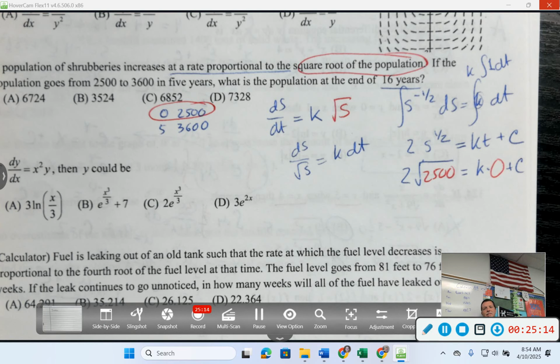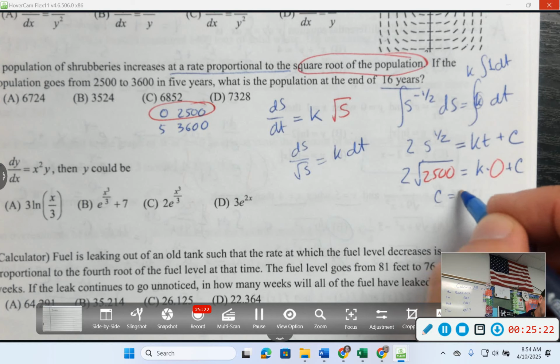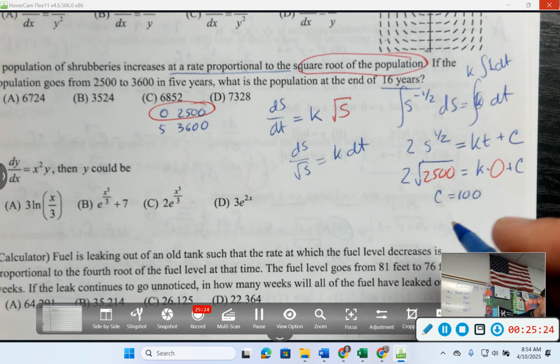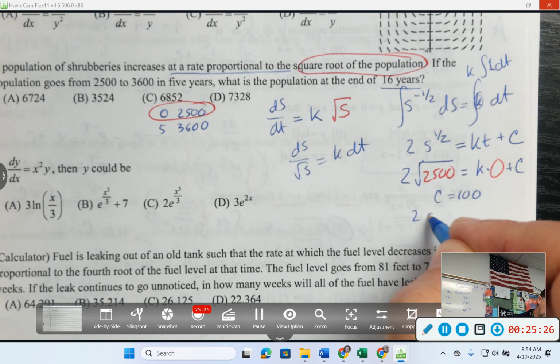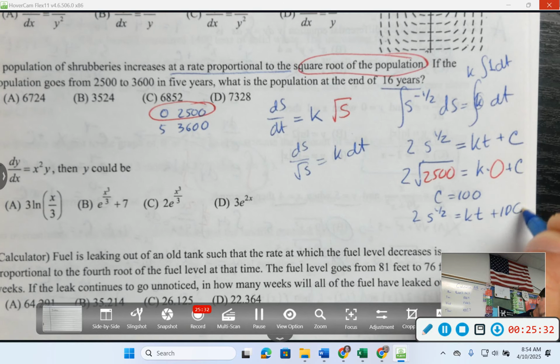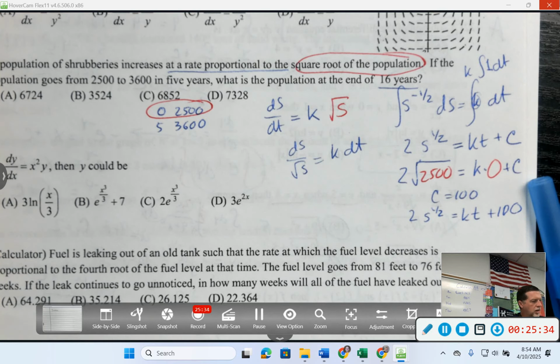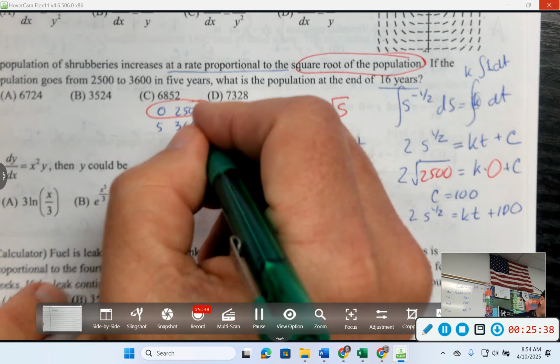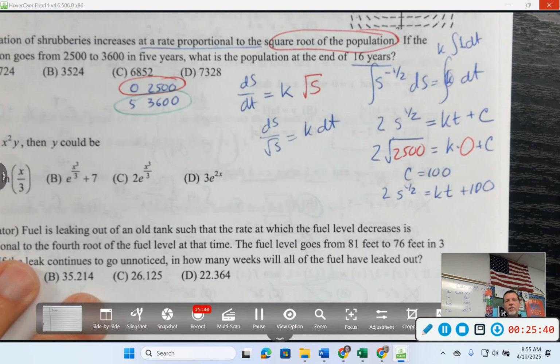Oh, they were kind of nice to us here. Square root of 2500 is 50 times 2 is 100. To s to the 1/2. Remember, you'll have scratch paper, so you can take as much room as you like on these problems. So now I'll plug in 5, 3600.